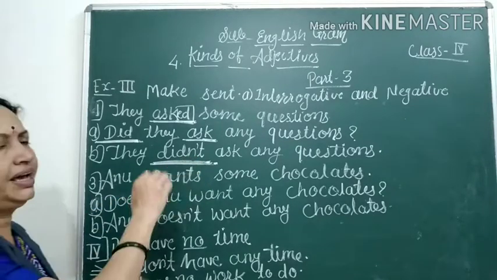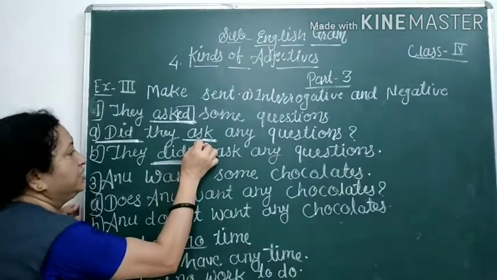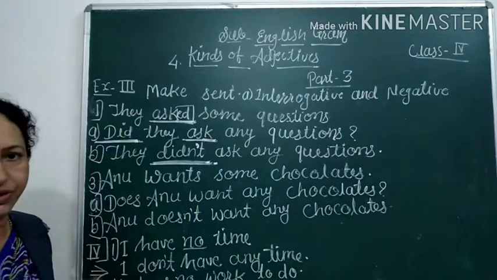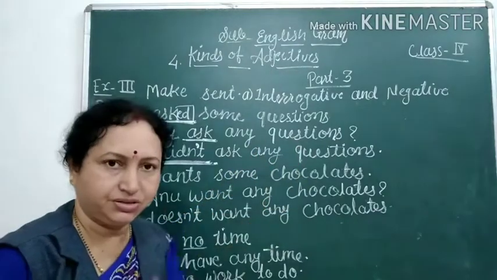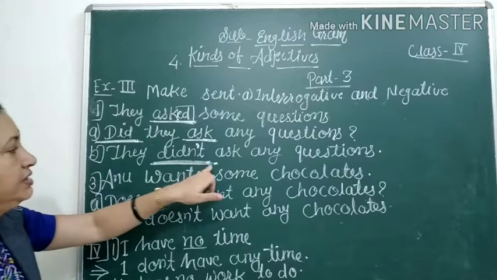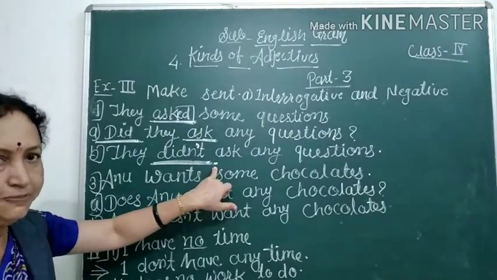Don't write N-O-T. We use the short form, and while giving the short form, we have to use this apostrophe. They didn't ask any questions. So this is our interrogative sentence and this one is our negative sentence.